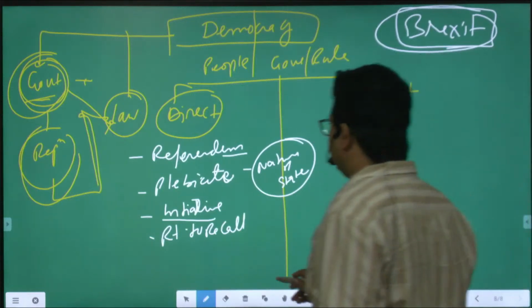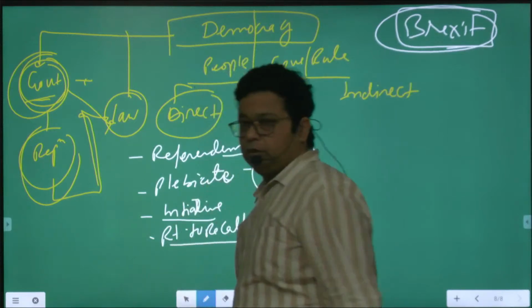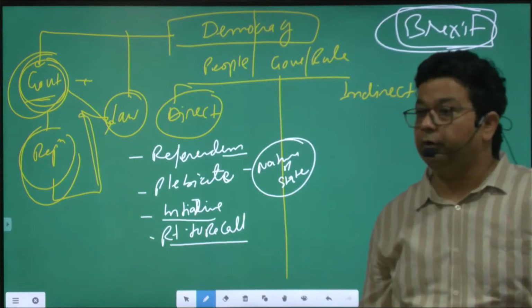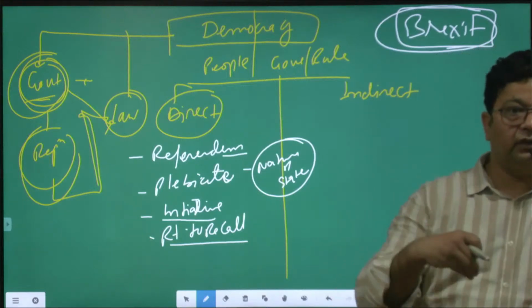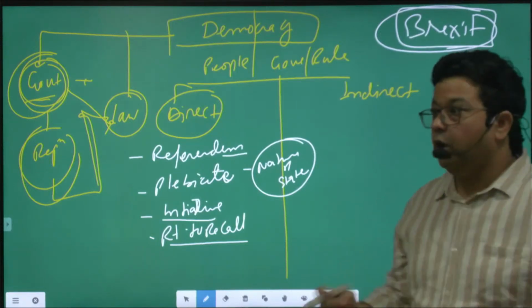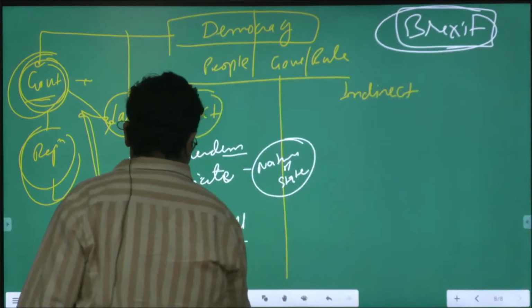And the last is right to recall. Right to recall is a power given to the people to call back the executive, whether a politician, a representative or a public servant.